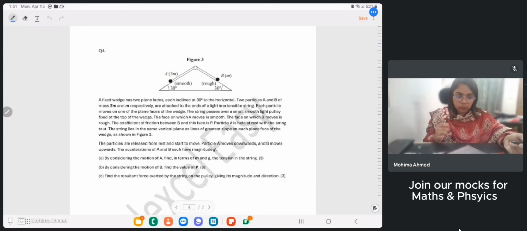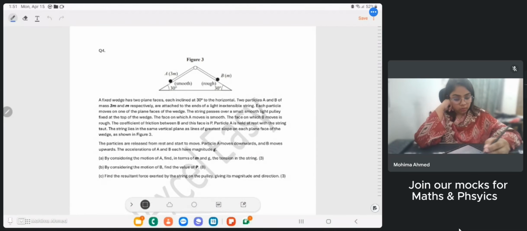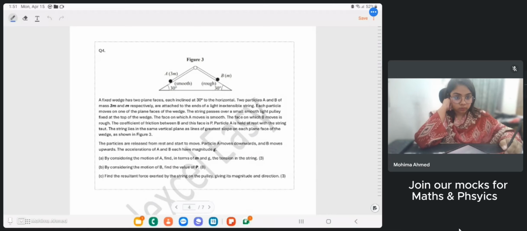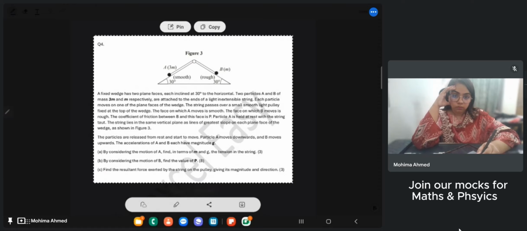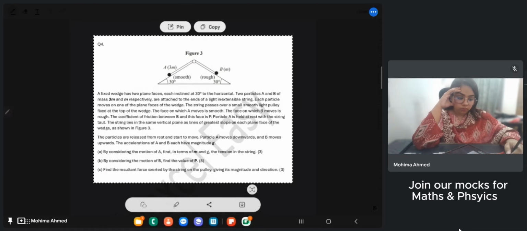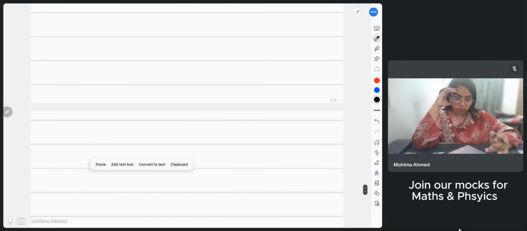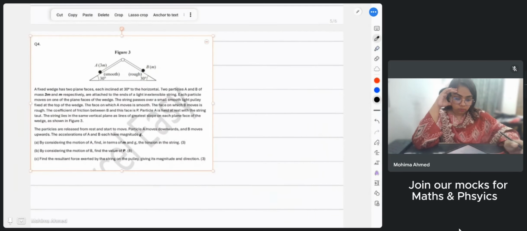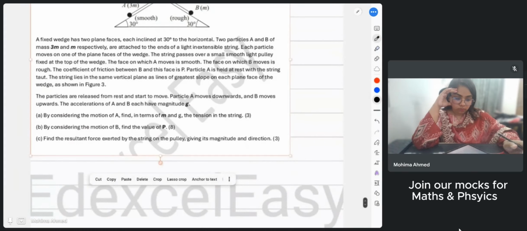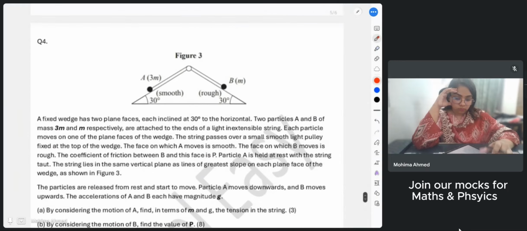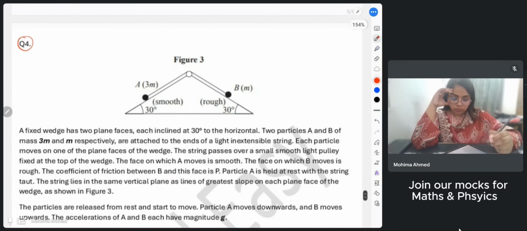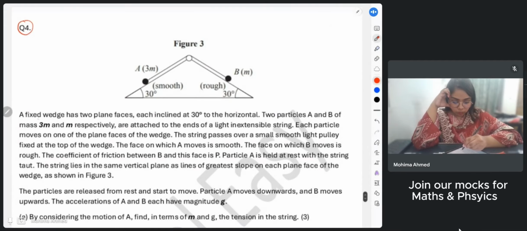This is question 4. Okay. Now it says that a fixed wedge has two plane faces, each inclined at 30 degrees to the horizontal, and two particles A and B of masses 3m and m respectively are attached to the ends of a light inextensible string.